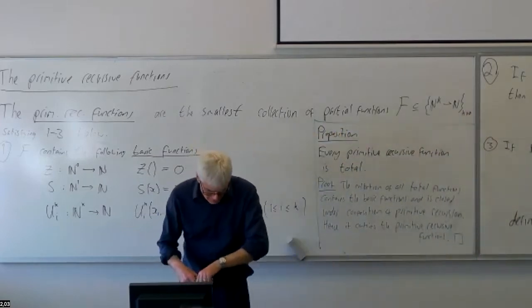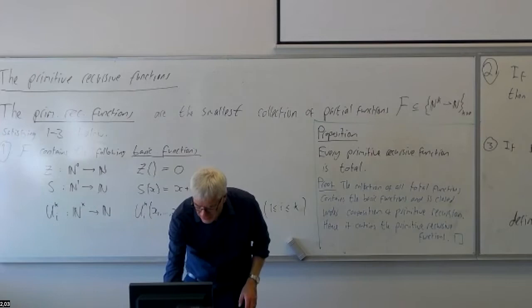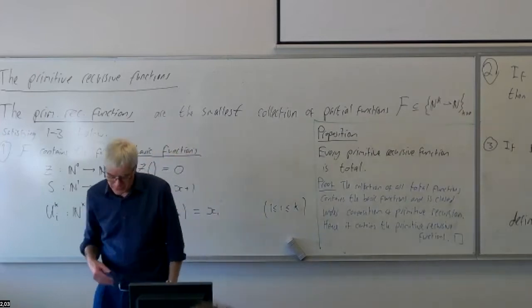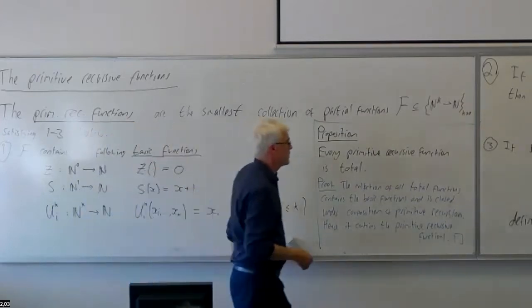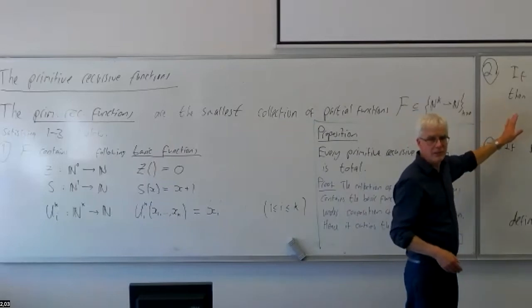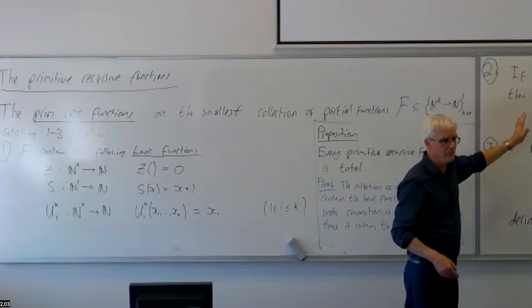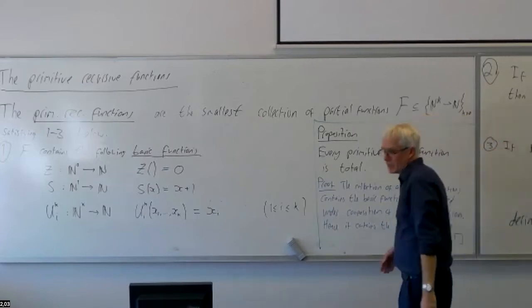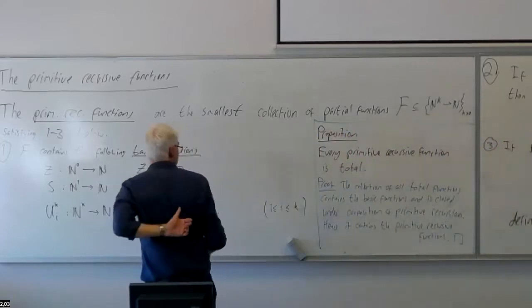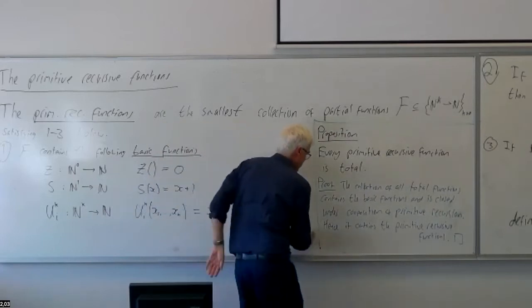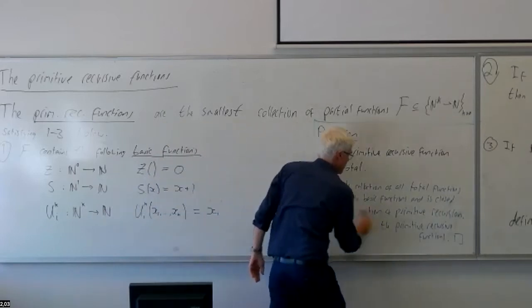Right. So before going to the partial computable functions, the last thing I want to do in this hour is give you some very simple examples of how one uses these conditions to define functions by primitive recursion. The exercise classes next week will consider some trickier examples.